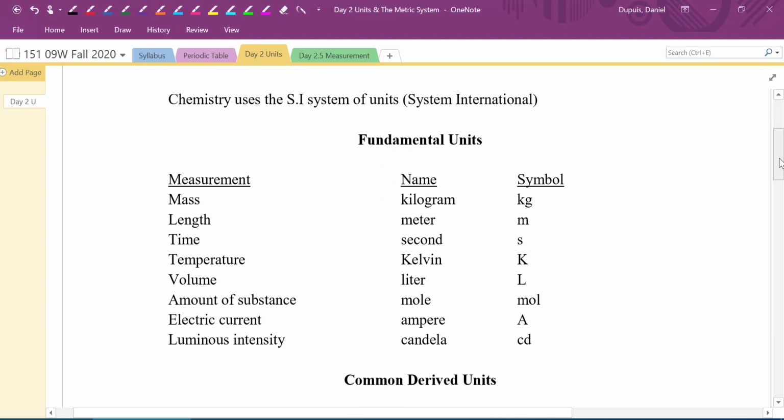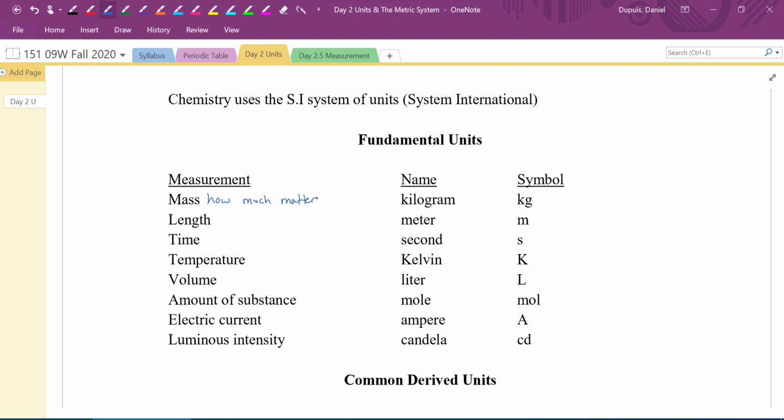So mass. When we talk about mass, right, this is how much matter. Now, weight and mass are the same on Earth, right? But weight has to do with the acceleration of gravity to an object, whereas mass is how much matter is actually present.